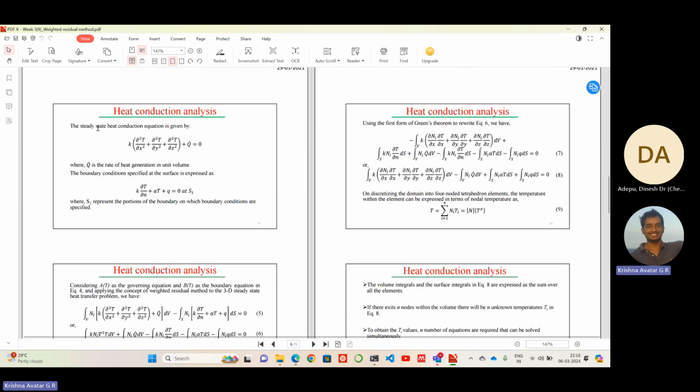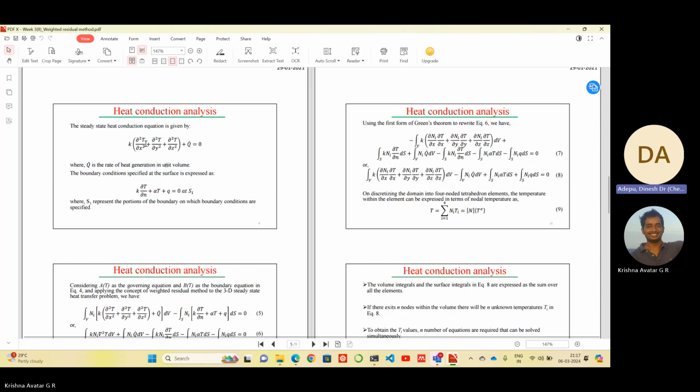The instructor then talked about solving the steady state heat equation problem. We'll go through it because this will be used for heat modeling later. We have kappa times the Laplacian of T plus Q dot equal to 0. Q dot here is the rate of heat generation per unit volume.